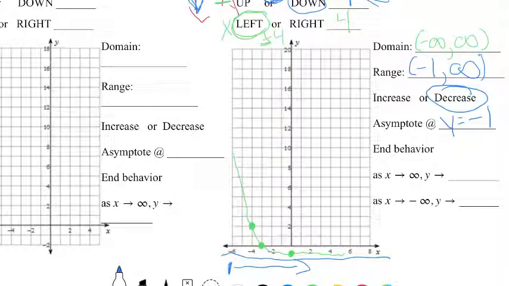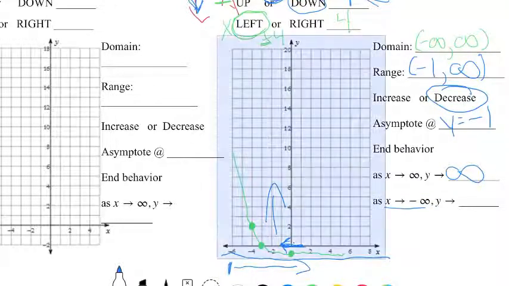So then we're asked in behavior. In behavior, as our x values, so as our x-axis goes to the left, what are my y's doing? My y values are going up. So if they're going up, they're going to reach positive infinity. Now for my last end behavior, it has x going to positive infinity.